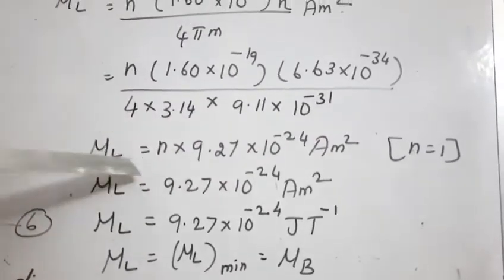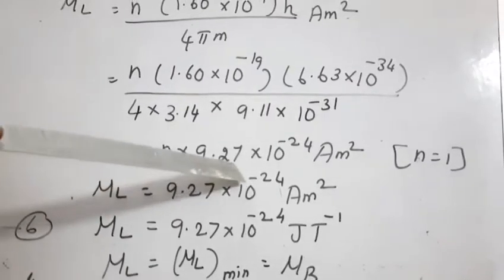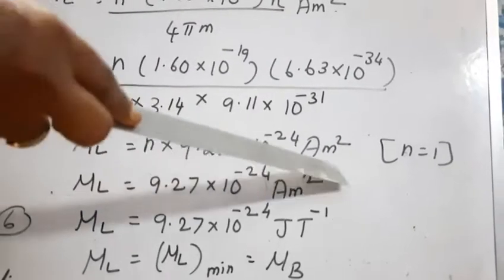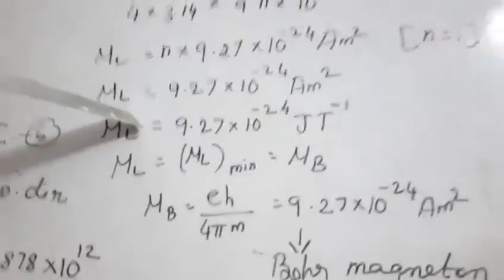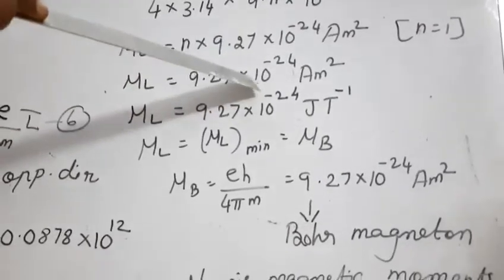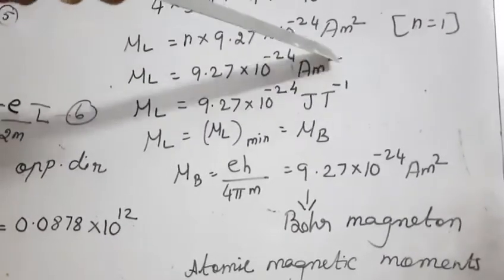Therefore, μL equals n into 9.27 into 10 to the power of minus 24 A m². Here we can substitute the minimum value n equals 1. Therefore, μL equals 9.27 into 10 to the power of minus 24 A m².